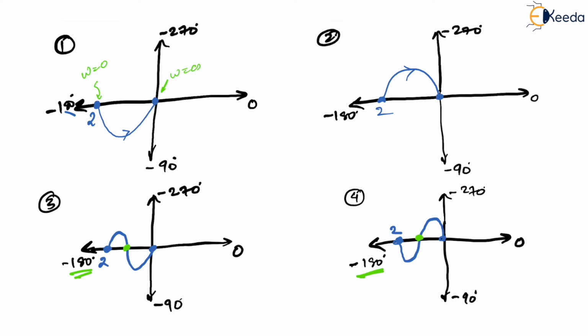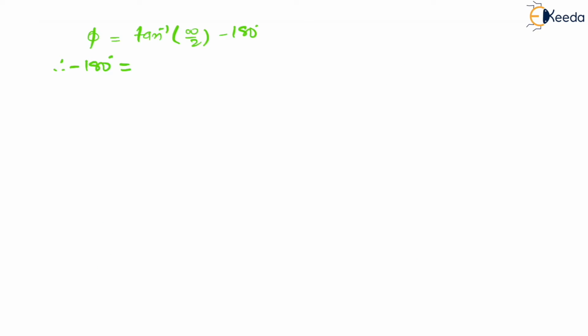Apart from omega equal to 0, is there any other frequency for which my plot will intersect the minus 180 degrees axis? In order to check that, we will use the angle criteria.